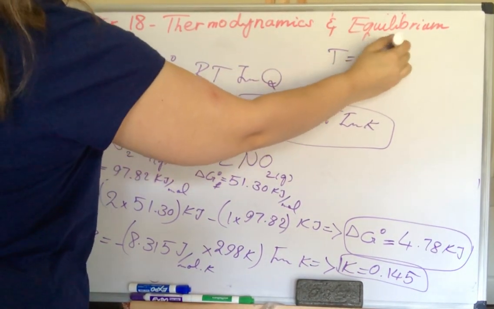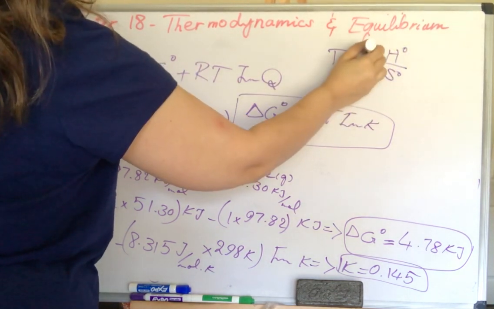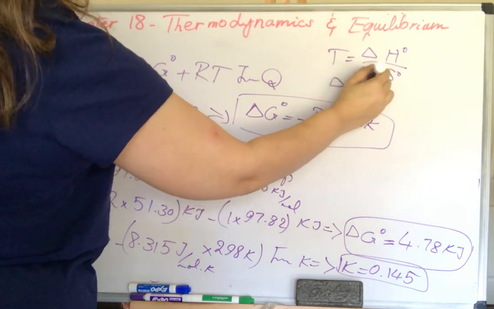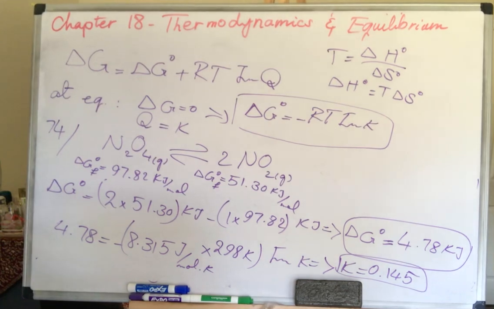T is delta H standard over delta S standard, or let's say delta H is T delta S standard, because the question says it's just working at the temperature at which the reaction proceeds spontaneously at 1 atmosphere.